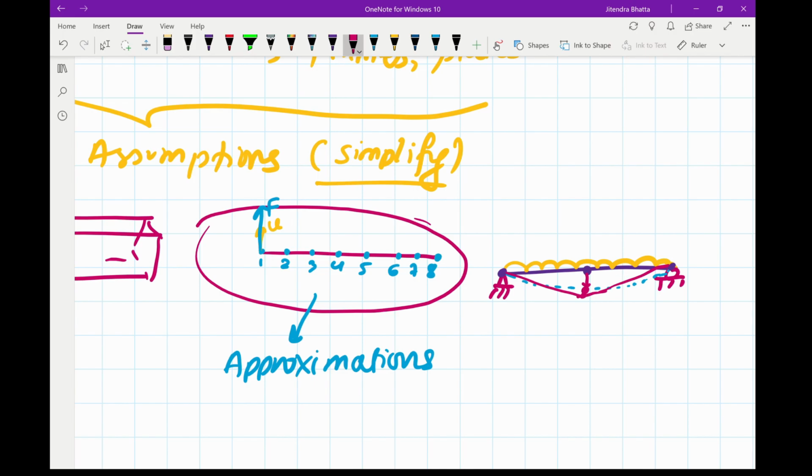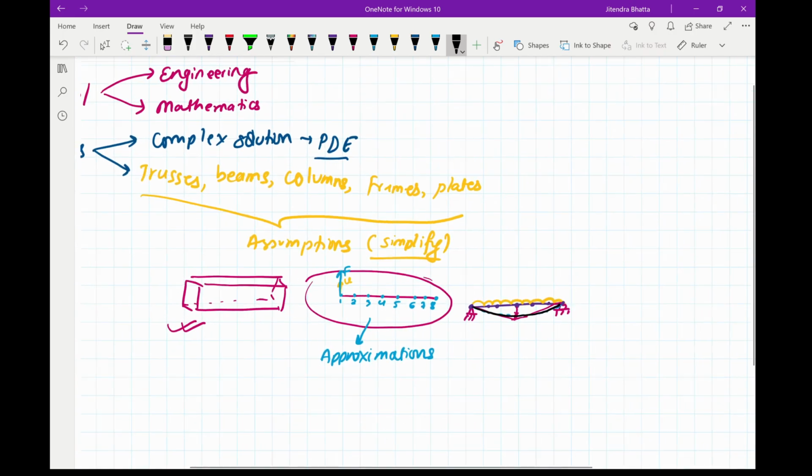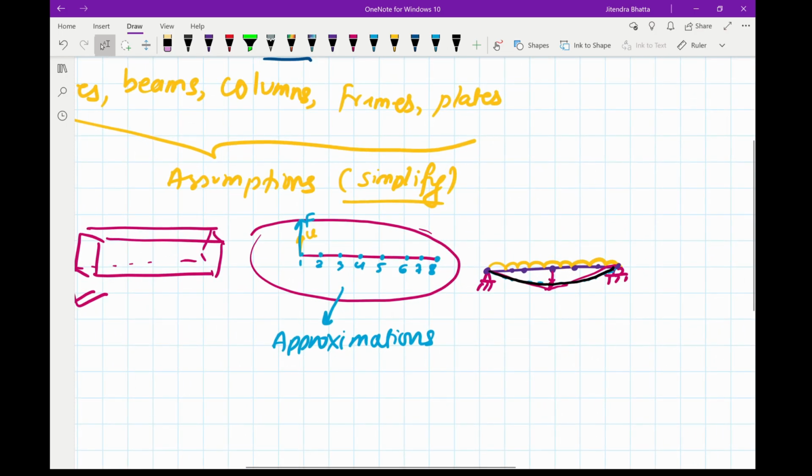Here you can see that the red line is an approximation to the blue dotted exact solution. When you increase the number of points of the solution, you may get a line which corresponds closely to the blue line. Therefore, the accuracy of the solution depends upon the number of nodes, the number of points you are solving in a body or in an element.